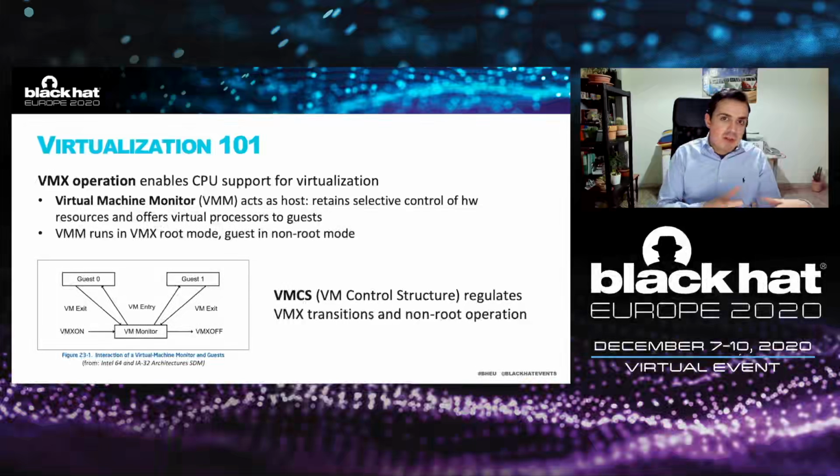That is where your virtual machine monitor resides and operates. So this VMM is your host, giving your resources, assigning virtual processors to guests, etc. And then you have a non-root mode where your guest is running. This is your virtual machine. And there is a virtual machine control structure that regulates the transitions between root and non-root mode.